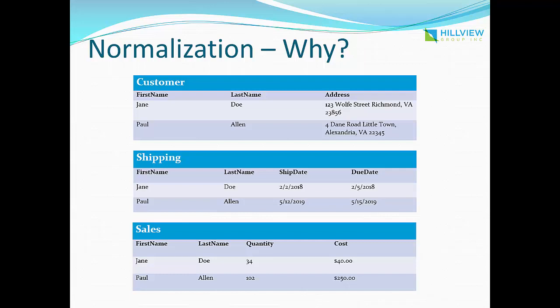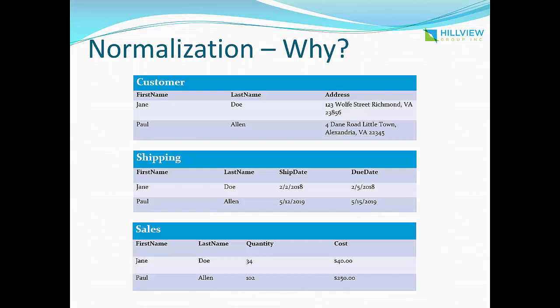In this slide, you see the data model of a fictitious retailer. The data model shows three entities used for sales and fulfillment. So you have the customer entity, you have the shipping entity, and then you have the sales entity.